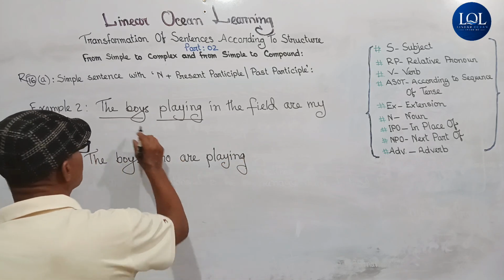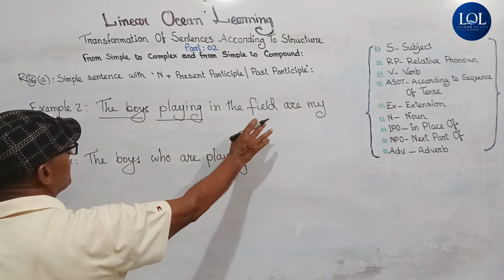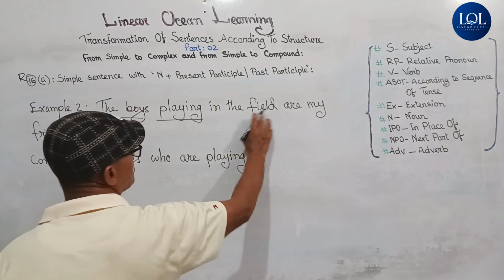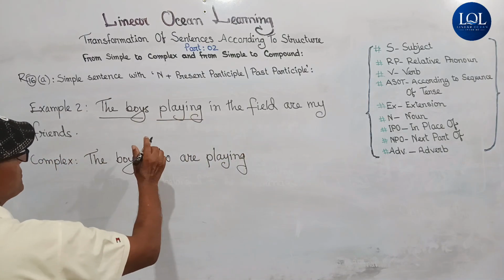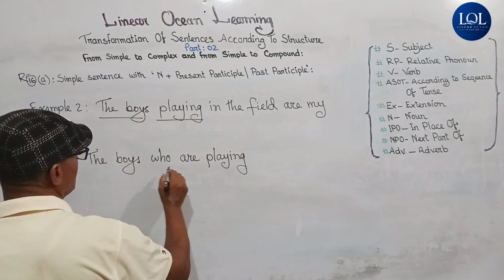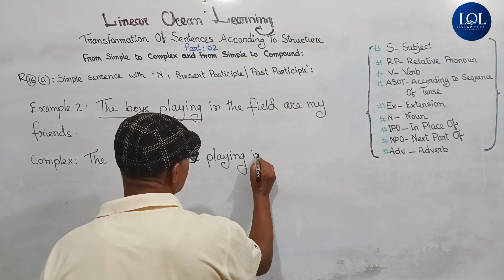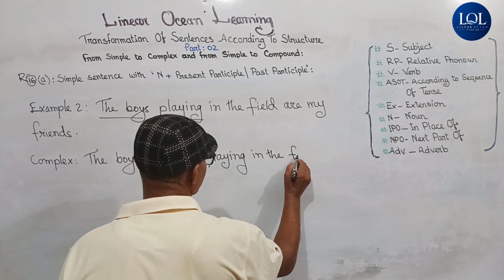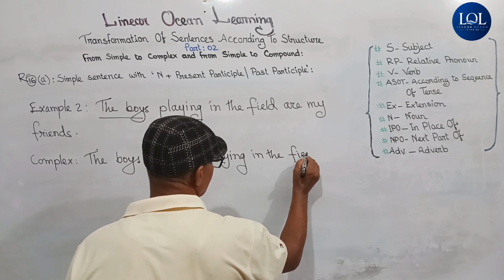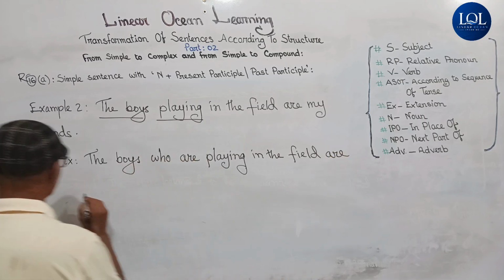Why are playing? Because it is in the continuous mood. The boys playing in the field are my friends. This one is present. They are my friends, this is the principal clause. So it will be: the boys who are playing in the field are my friends.